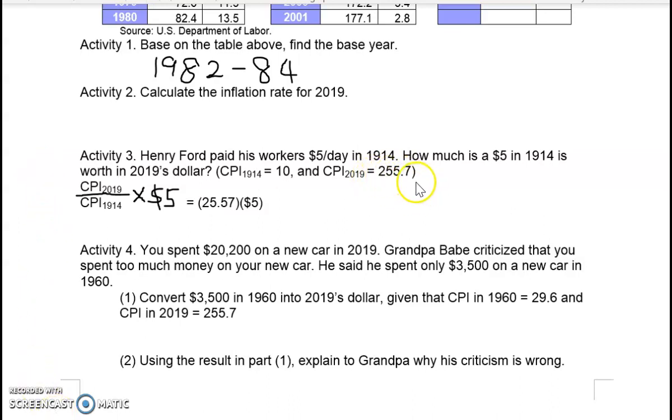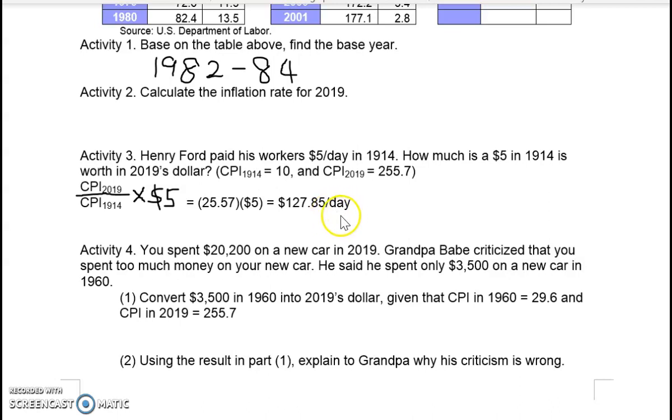So we plug this value into that formula. 255.7 is up and 10 is down here, and that gave us 25.57 multiplied by $5. The result is 127.85 per day. Is this a good pay in today's value?